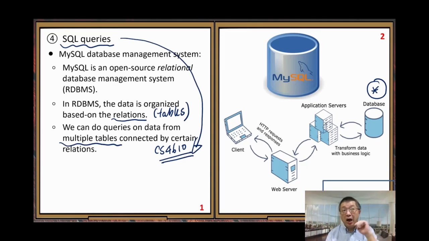But for this class, since we need to see the power of database, otherwise it is not good enough, we need to do some database-related features. At that time, I will give you some very brief description about the concepts in relational databases.